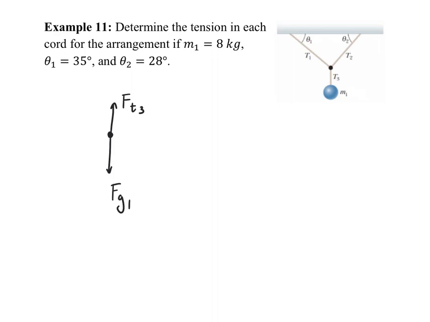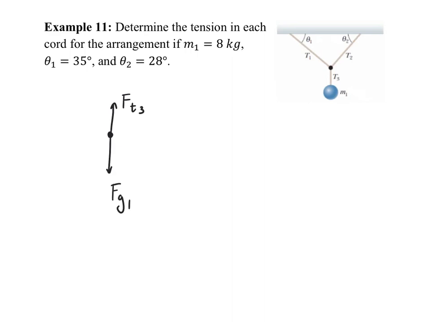Because what will this give me? This will give me FT3. I know what FT3 will be because this object is not moving. It says determine the tension in each chord for the arrangement. So if this is the arrangement, nothing is moving because it's all chords. So as a result, tension is going to be balanced by this. There's no net force, so these are going to be adding up to 0, so these are going to be balanced. So I can get tension 3 right away.